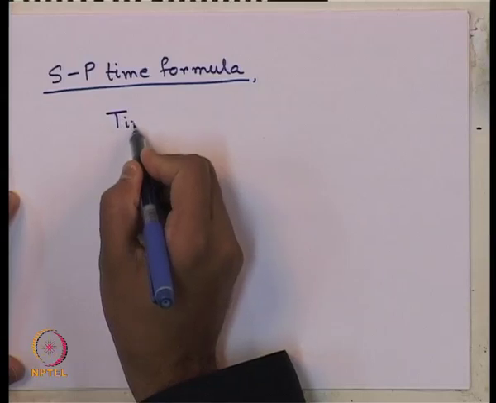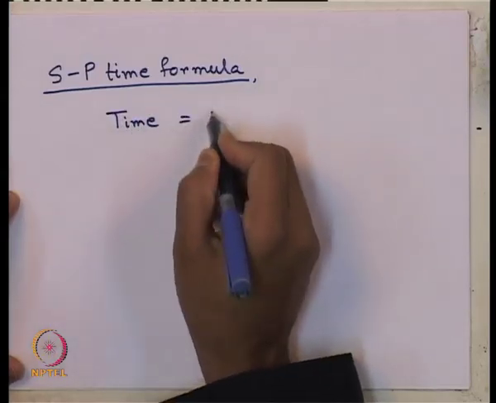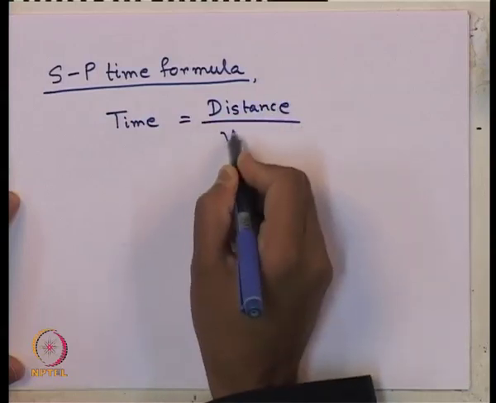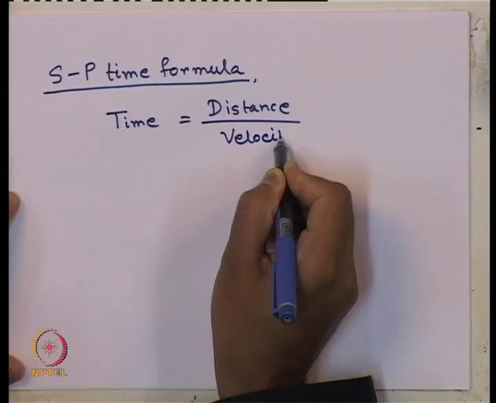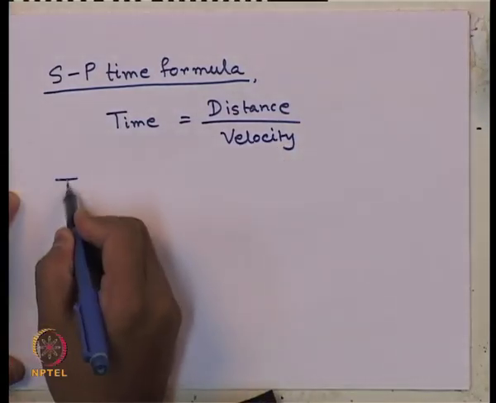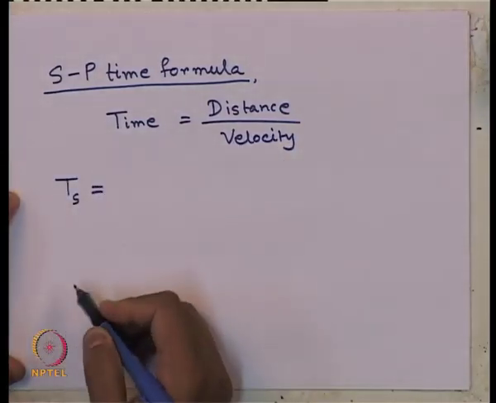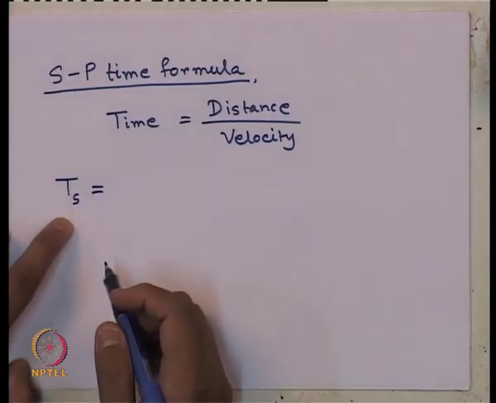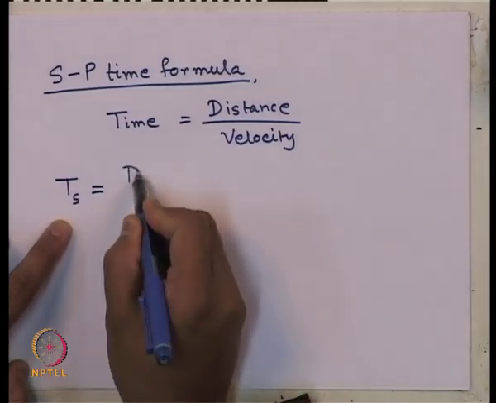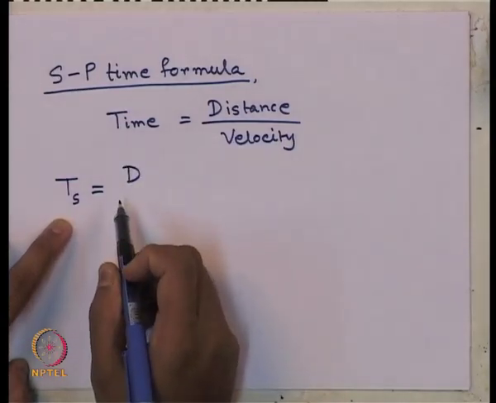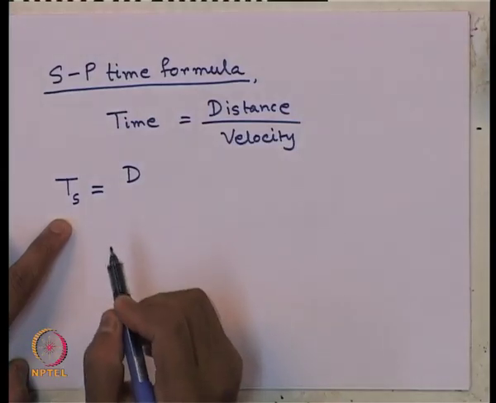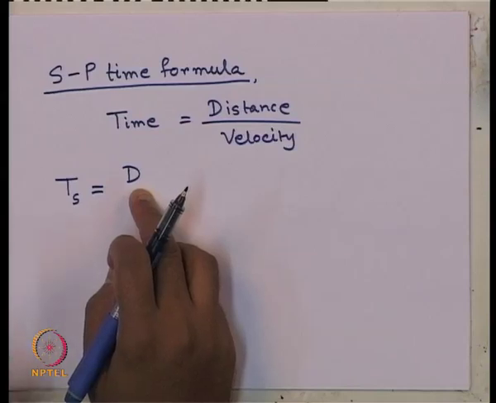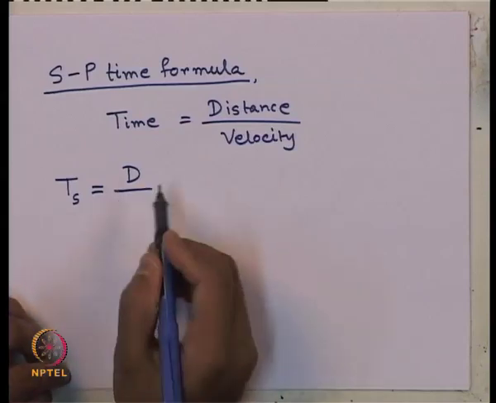How? Because we know time is nothing but distance by velocity. So, the time for the shear wave or S wave recorded is nothing but the distance it has travelled from the earthquake epicenter to the recording station. T s equals d by V s, where d is the distance between the epicenter and the earthquake recording station.